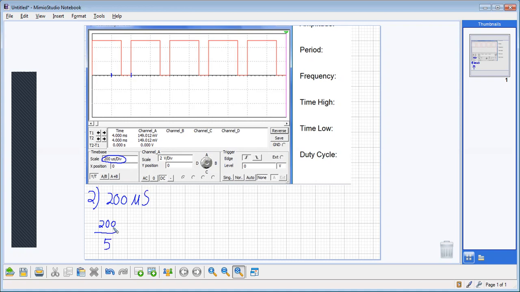Now we know 20 divided by 5 is 4, so 200 divided by 5 would be 40. So each one of those little intervals is 40 microseconds. We'll call those the small divisions.